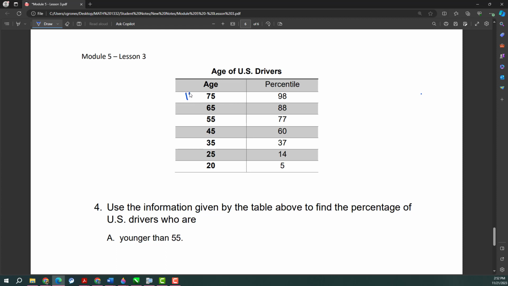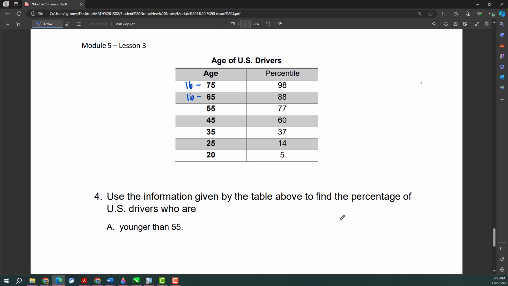So that means we have ages 16 to 75, which makes up 98% of the drivers. Same thing for the next row. For 65, we have ages 16 to 65. So that's 65 and below. That makes up 88%. So all the way down, that's how this table works.